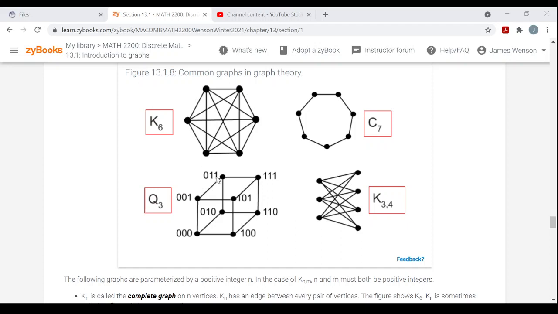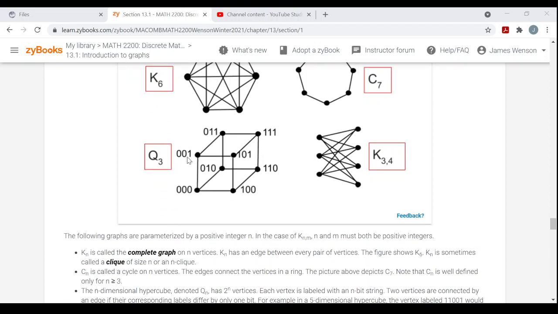And 0, 1, 1 and 1, 1, 1 only differ in the first position, so they have an edge between them. It's just changing one bit. If you take any bit string and change one bit from a 0 to a 1 or from a 1 to a 0, you get another vertex that you're adjacent to.